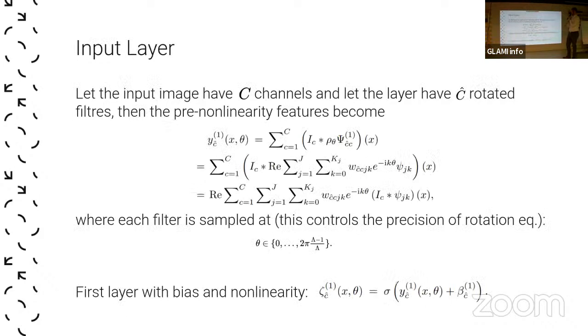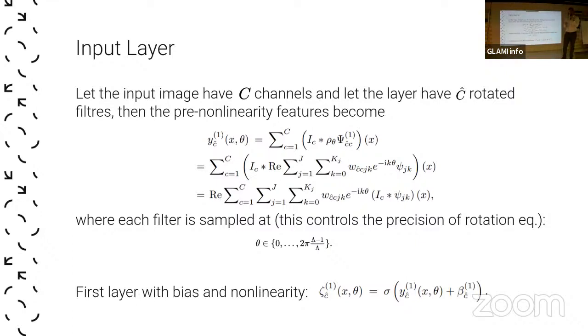Right. And then in order to use this to create an equivariant neural network, you need to go layer by layer. And it turns out that the input layer needs to be a little bit different than all the subsequent layers. And there is some mathematics involved. It's too complicated to go over here. But the idea is the input layer really is just a set of some number of steerable filters.